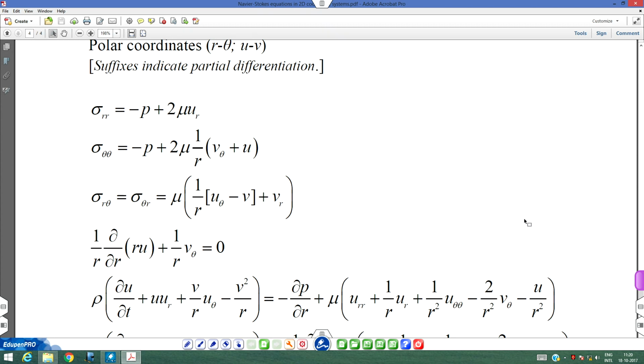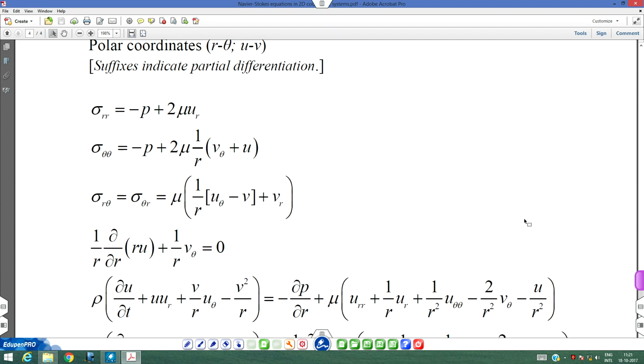So, what was the simplification? That the flow was fully developed. In that context, it meant that velocity was not changing in the theta direction. Substituting that result in the mass balance, flow is not changing in the theta direction. That gave us this equal to 0, which gave us u equal to 0, because the boundary conditions are u equal to 0 on the walls, where u is the normal velocity component on that surface.